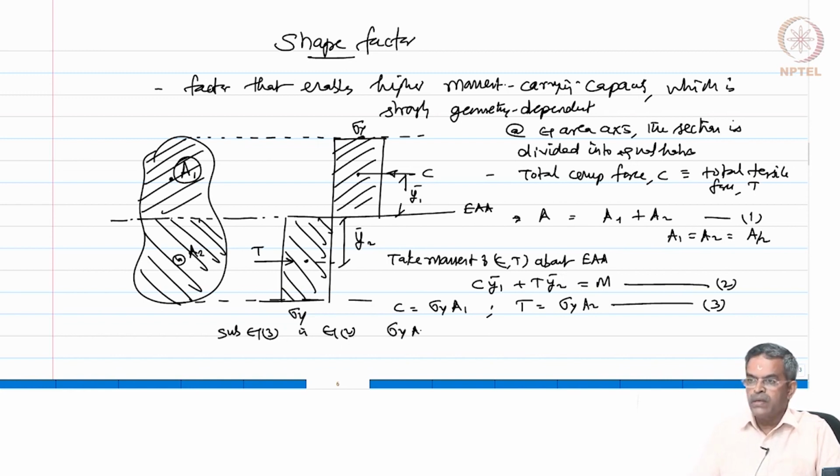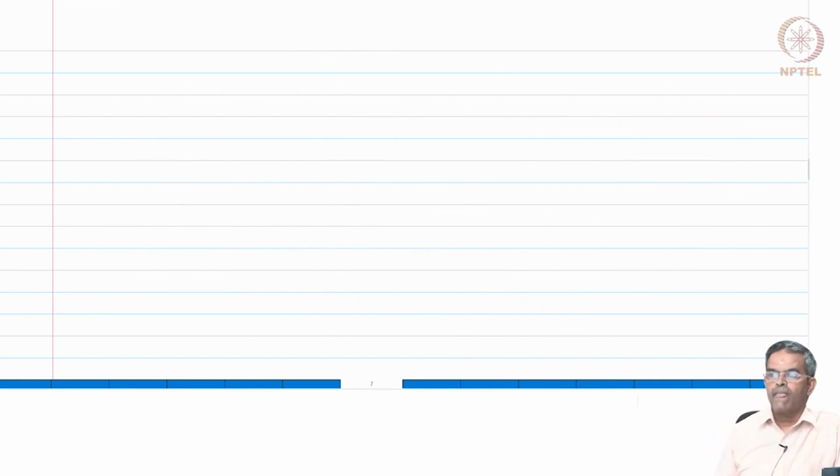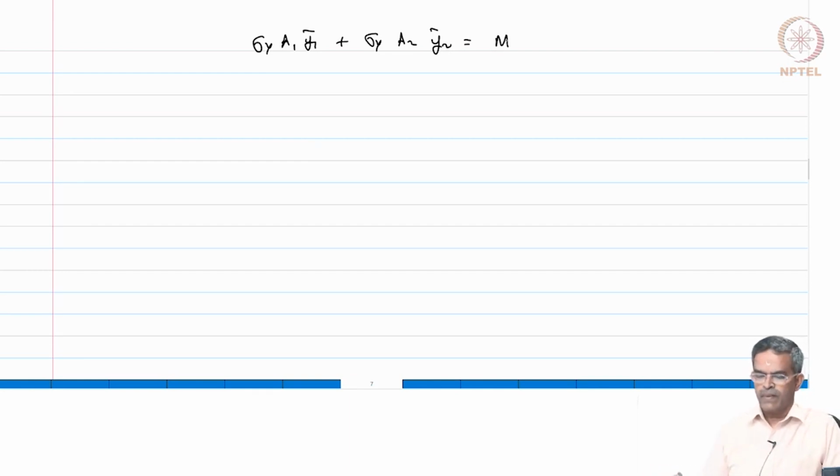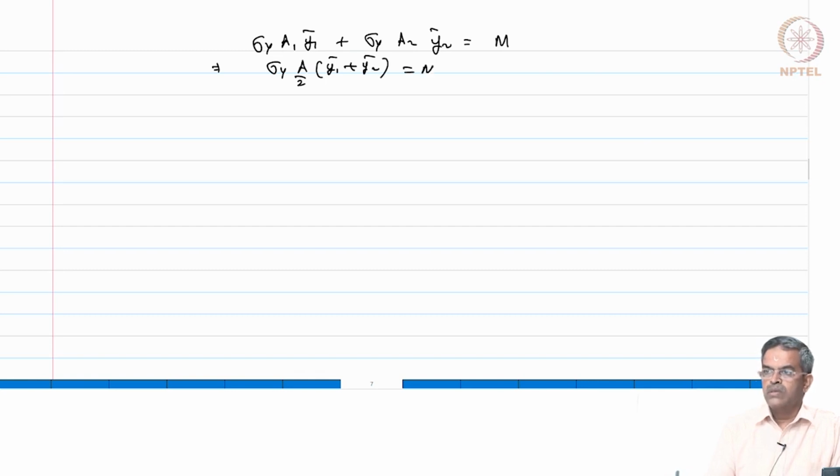So, sigma y A1 y bar 1 plus sigma y A2 y bar 2 is M. So, let us say sigma y A by 2 into y bar 1 plus y bar 2 is M. So, can I say this as sigma y into Zp?